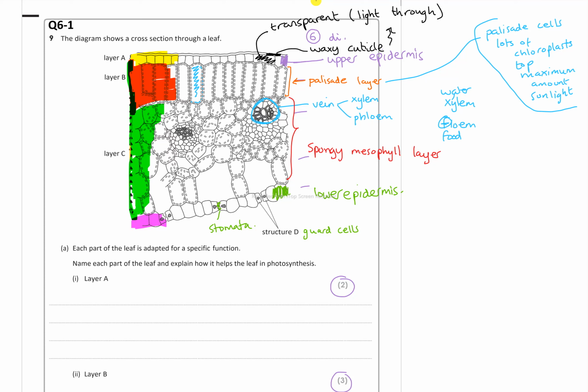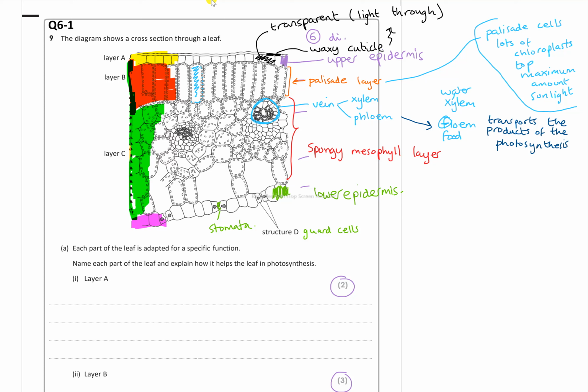Then you've got, what have we got? You've then got the xylem and phloem, right? The phloem transports the products of the photosynthesis process.